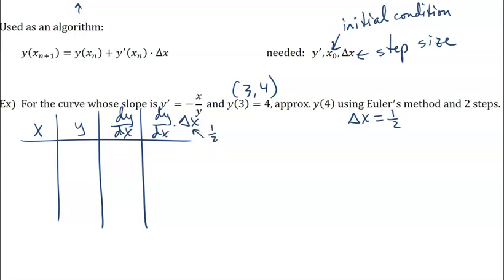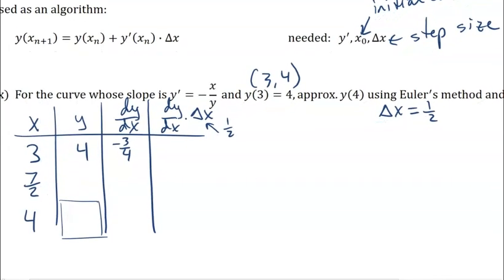Okay, initial condition is the ordered pair (3, 4), and I'm going to go 3, and then 7/2, and then 4, and I will be done when I get to this spot right here because I will have 4 comma something. That's my approximation for y of 4. All right, so my slope is negative x over y. Let's plug (3, 4) into that, so we get a slope of negative 3/4.